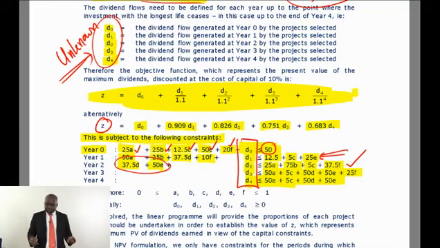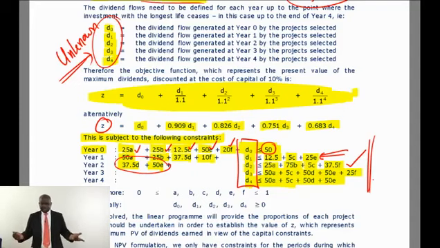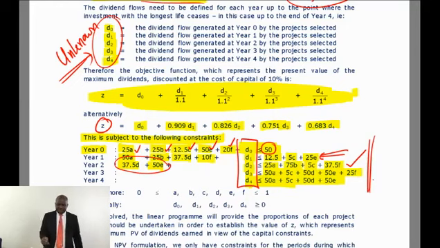And you also have to remember you have to do it over the life of the project, because you need the dividend cash flows for each year of the life of the project. Then you also come out with your non-negatives. A up to F should be more than or equal to 0, and less than or equal to 1.